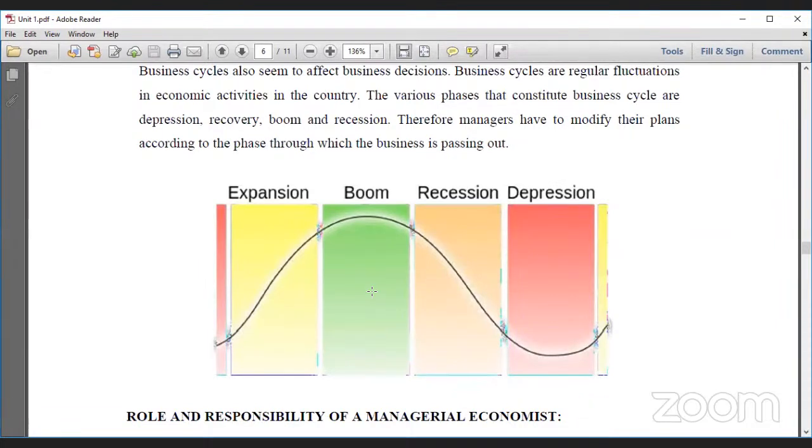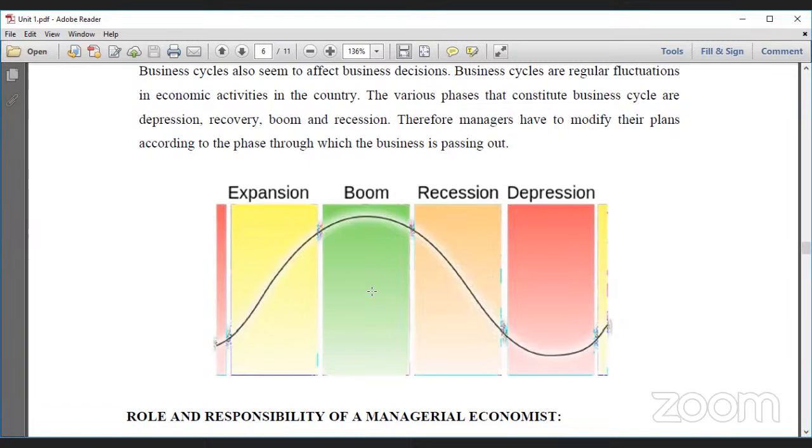Over a period of time, a business firm or industry goes through various ups and downs, and business activities fluctuate. Sometimes output, employment, income, etc. are rising, expanding. But after reaching the maximum point, after utilizing all the resources, the economy as a whole turns down, or contraction starts.